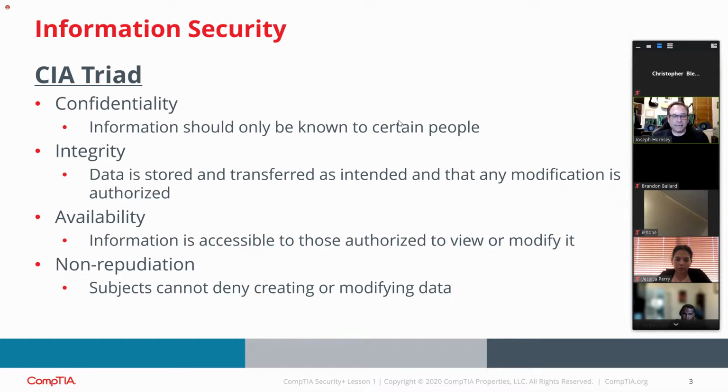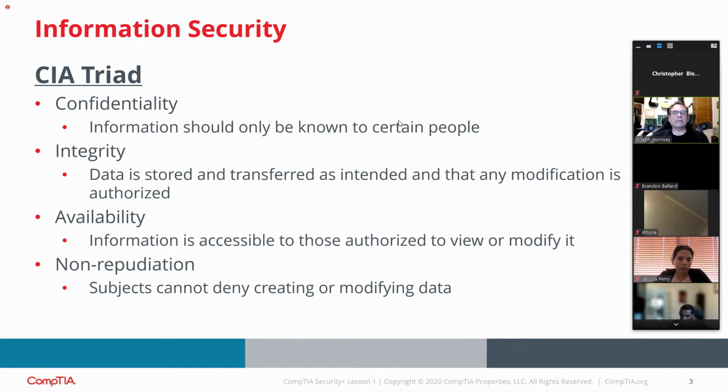The next is integrity. And integrity can mean really one of two things. Number one, we know the source of the information. Okay, so if Carlos sends me an email, then I know for sure that it came from Carlos and it couldn't have come from anybody else. So that's one part of integrity.